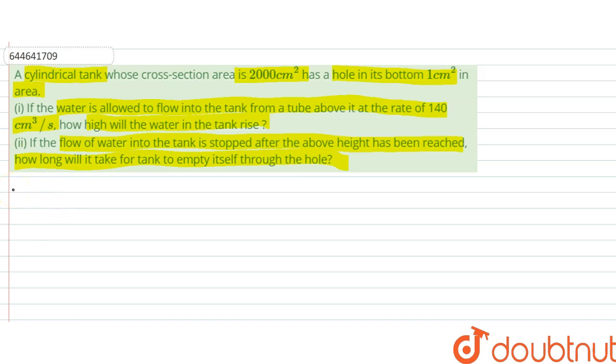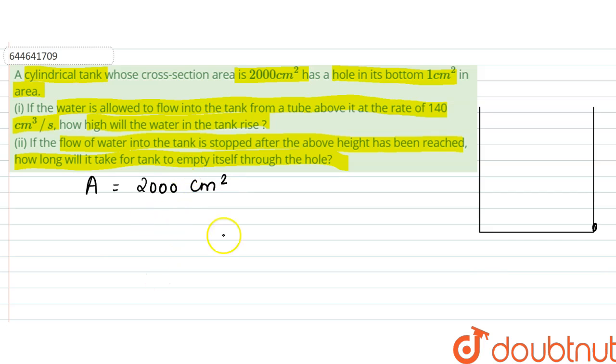So first of all, I'll draw the diagram. We have a hole here, and the area of this tank is given as 2000 centimeters square, and the area of this hole is given as 1 centimeter square.